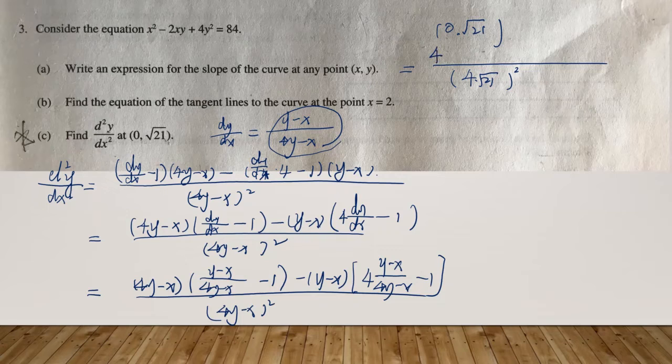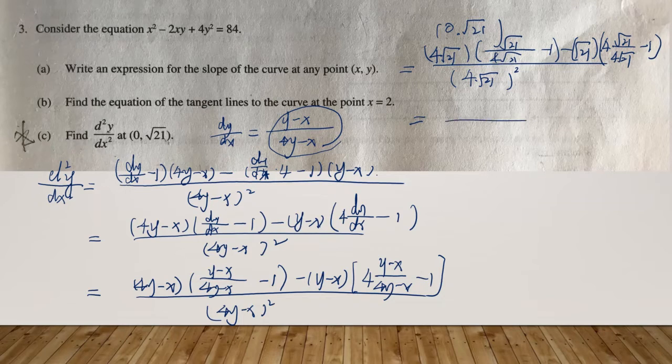So 4 times the square root of 21 minus 0, and the square root of 21 minus 0, 4 times the square root of 21 minus 0 minus 1, minus the square root of 21 minus 0 times 4 times the square root of 21 minus 0, and 4 times the square root of 21 minus 0 minus 1.